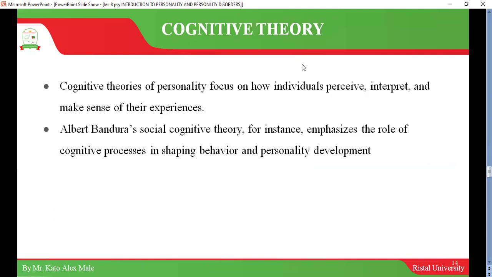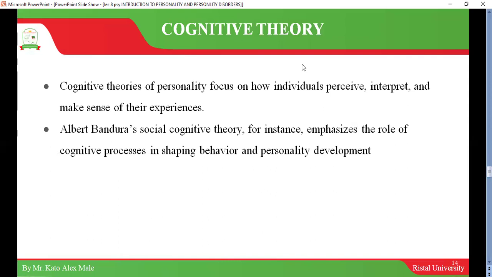We have the cognitive theory of personality. It focuses on how individuals perceive, interpret, and make sense of their experiences. It comes from cognition, how they perceive the environment and what they go through. Albert Bandura's social cognitive theory, for example, emphasizes the role of cognitive processes in shaping behavior and personality development.